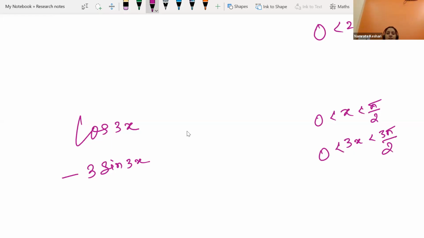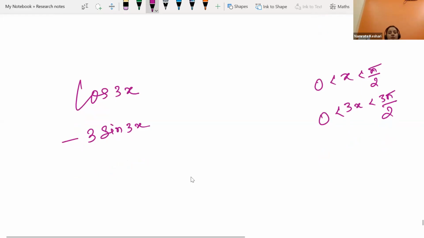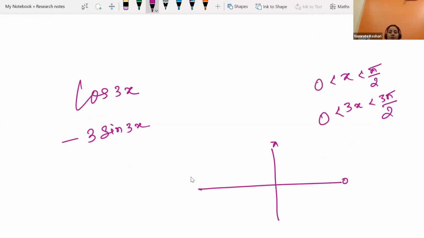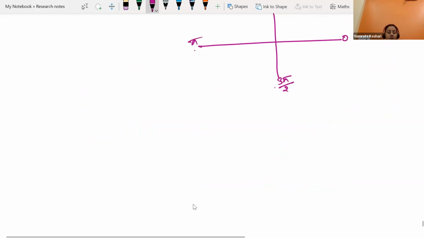It's both. We know that from 0 to pi, sine is positive, but from pi to 3 pi by 2, it is negative. So we can say neither increasing nor decreasing, right? Yes, ma'am. Okay, next one.